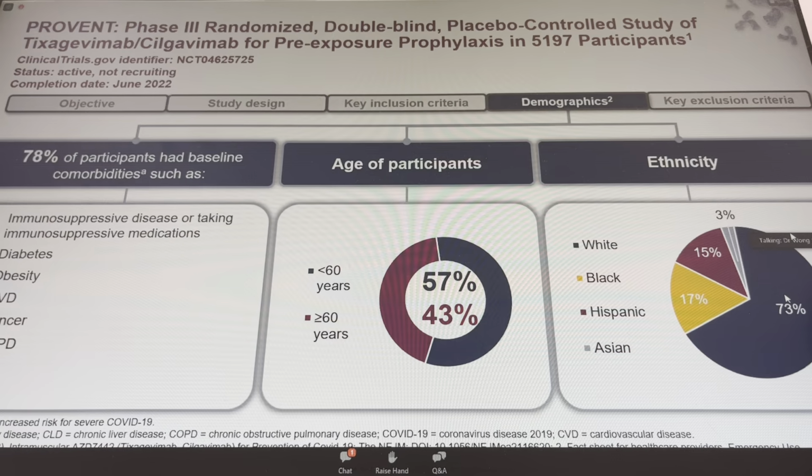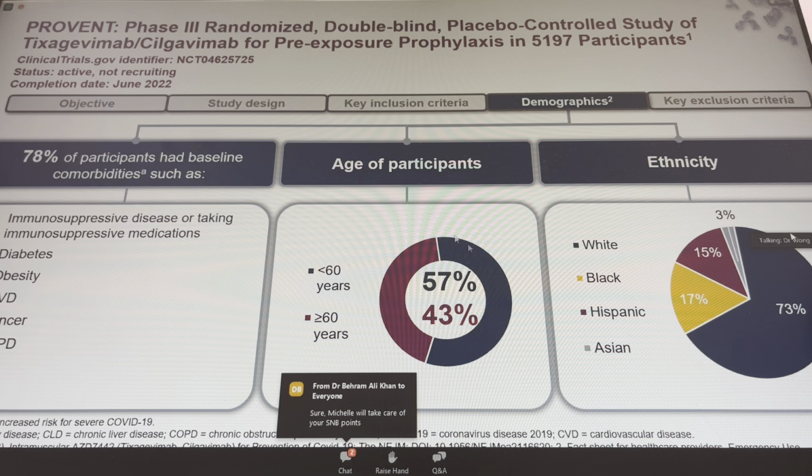In terms of the study population, remember it's from 18 years and above, they had about 57% who were less than 60 years and 43% who were more than 60 years.